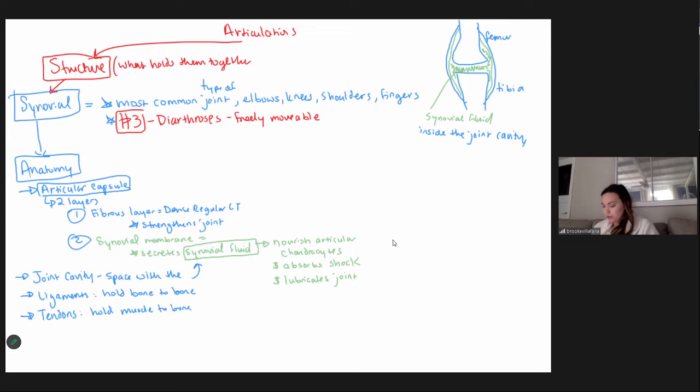So if we picture maybe a muscle right here, a tendon is going to go from that muscle over into the bone like this. This would be a tendon. Okay, holding the muscle to the bone, versus a ligament is going to hold this bone to this bone. Ligament.